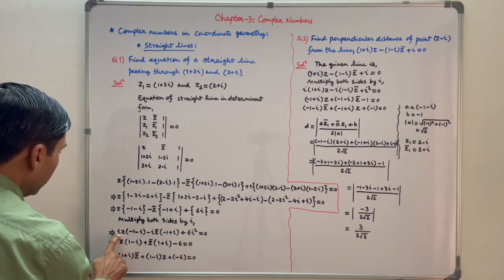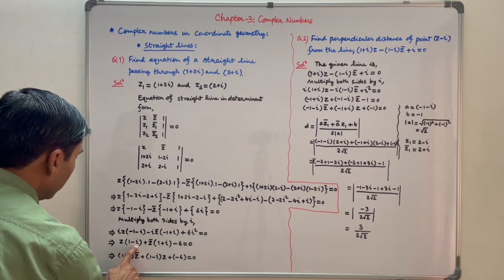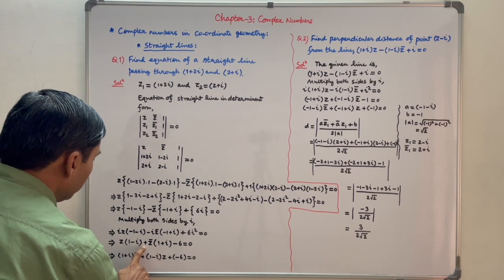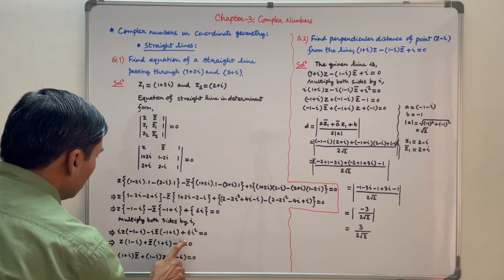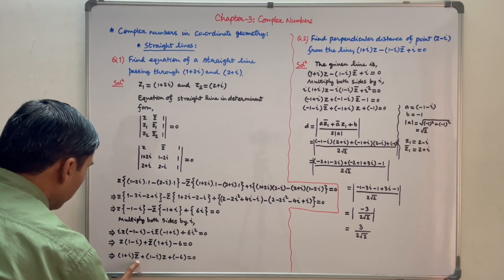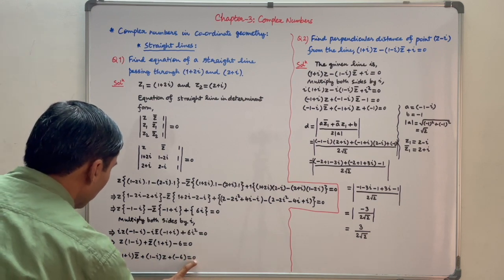We can take i inside the bracket, so it will be z(1 − i). We can take −i inside the bracket, so it will be plus z bar(1 + i). 6i² is equal to −6. We can rearrange the terms to get (1 + i) z bar + (1 − i) z − 6 is equal to 0.